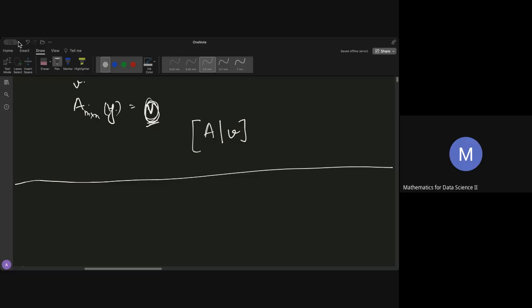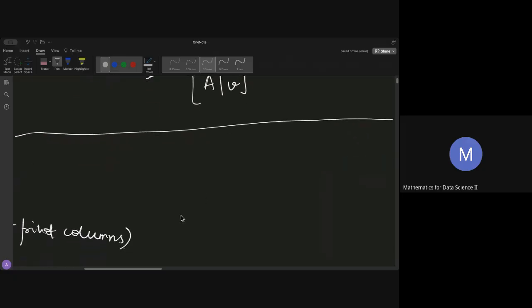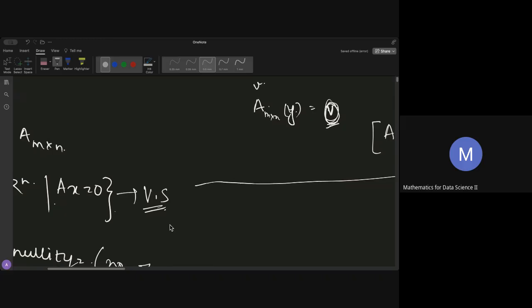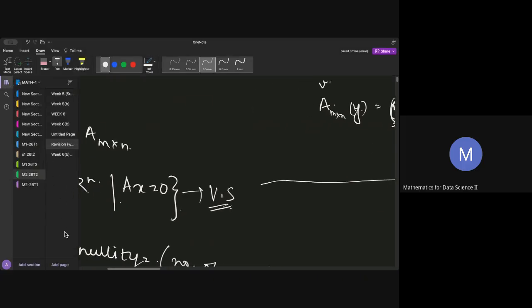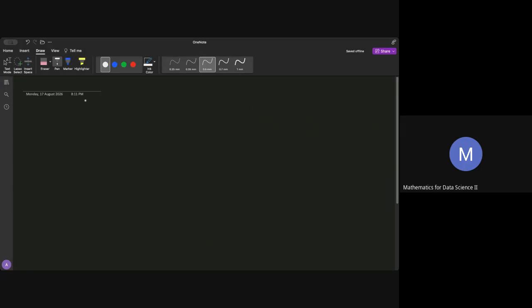So for week 9, we'll start with a one variable function, and you have dealt with one variable functions in maths 1, right?